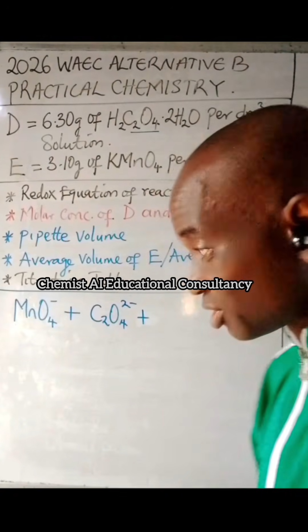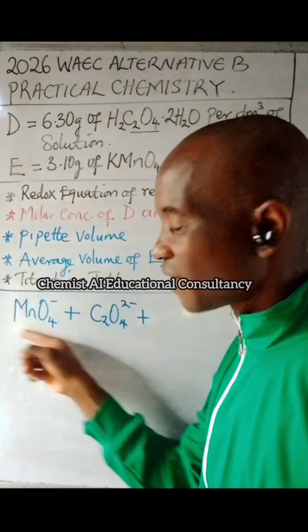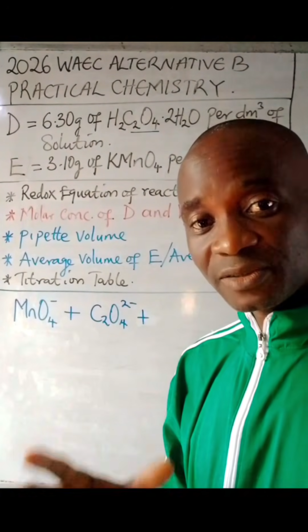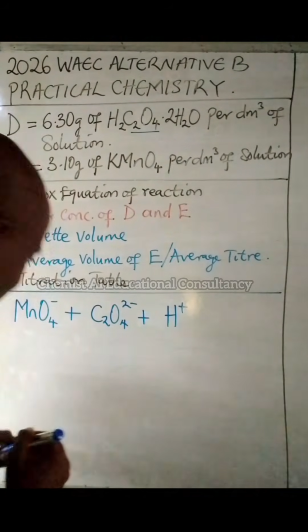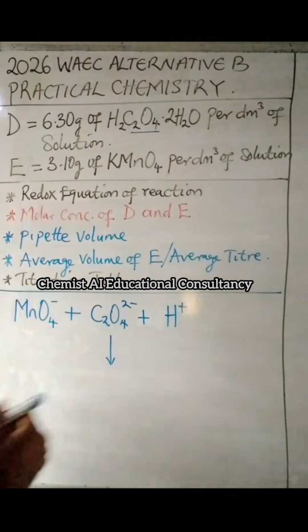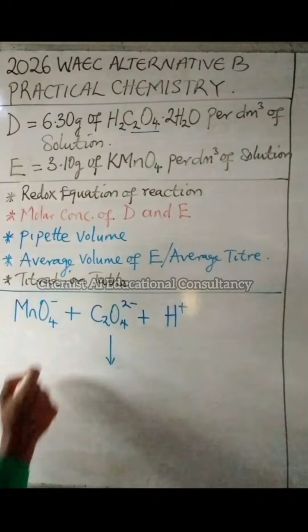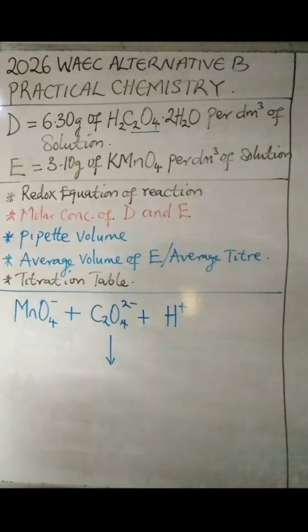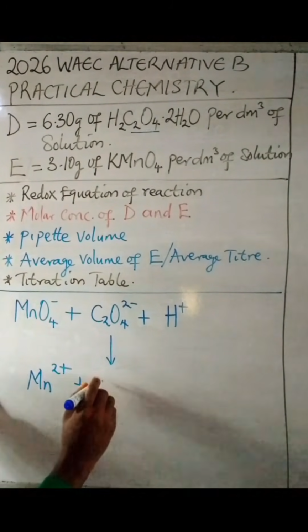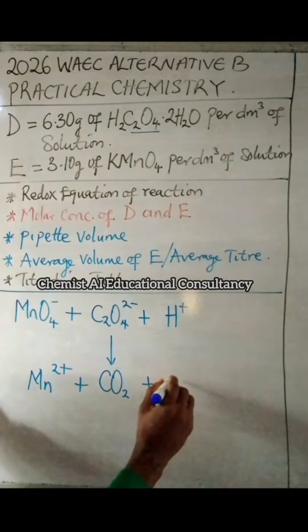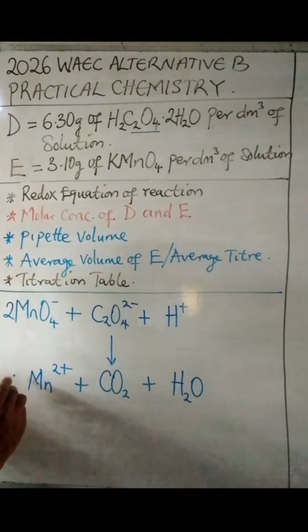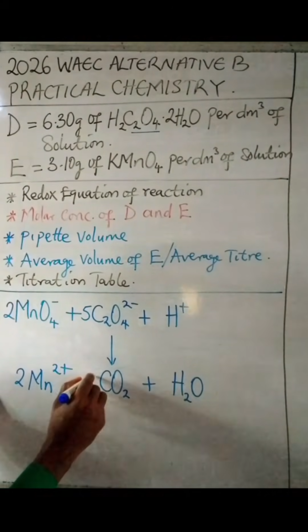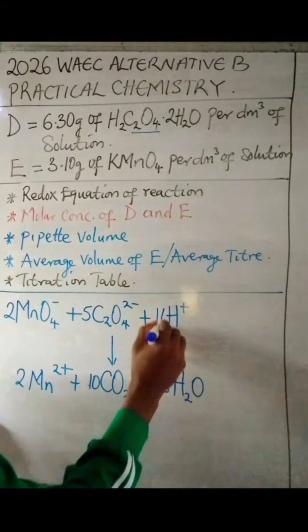And then during the titration, you will be asked to acidify this system because the reaction takes place in acid medium. So H⁺ from acid is required. And then the product is going to be from permanganate ion to manganese(II) ion, Mn²⁺, plus carbon(IV) oxide plus water. And for the equation to be balanced, we have 2 here, 2 here, 5 here, 10 here, and 8 here, and 16 here.